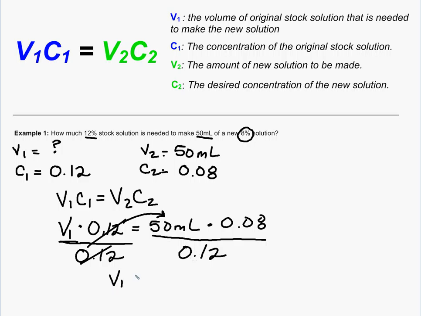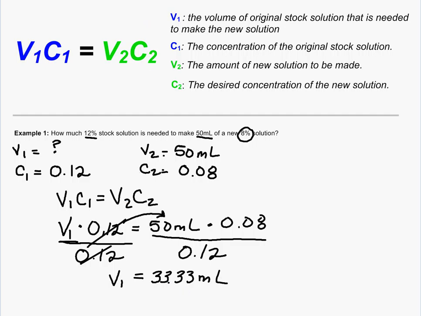So the volume will then be equal to 50 milliliters times a concentration of 8%, which is 0.08, divided by the concentration of 12%, which is 0.12. And when I plug all those numbers into my calculator, I get 33.3 milliliters. And that's the volume of the original stock solution.